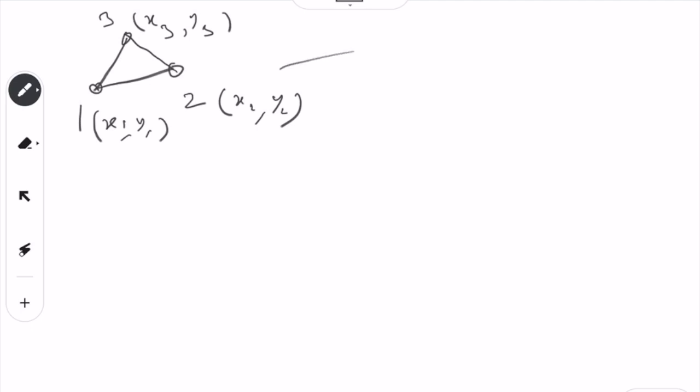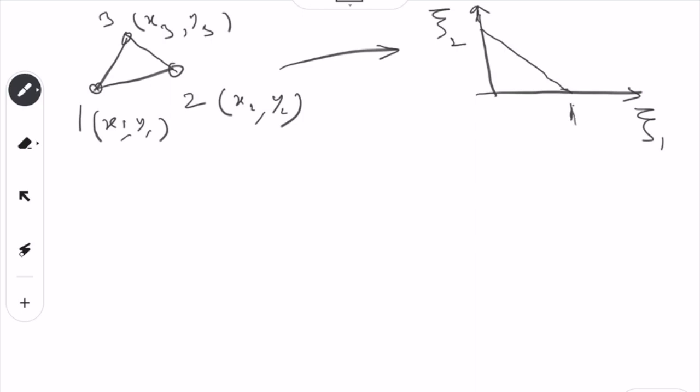These we are going to transform into one element which looks like this one, which will have xi1 and xi2 as coordinate system, and we have node 1 here, node 2 here, and node 3 here.